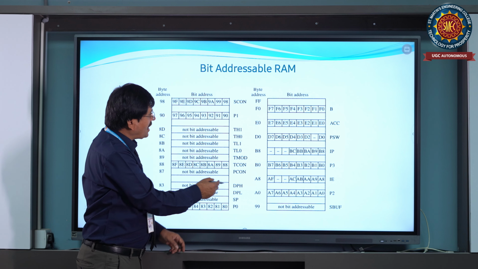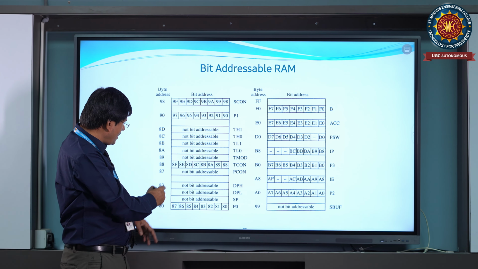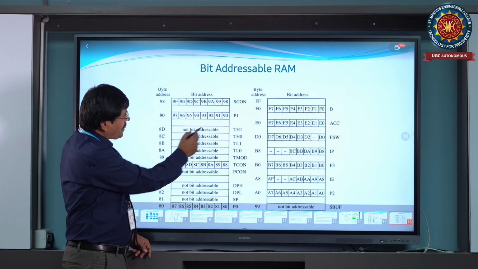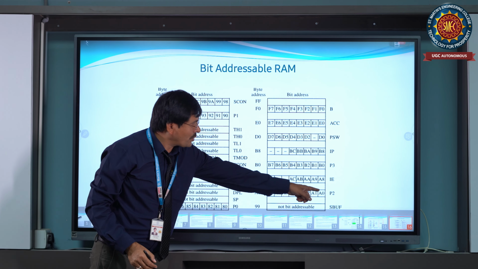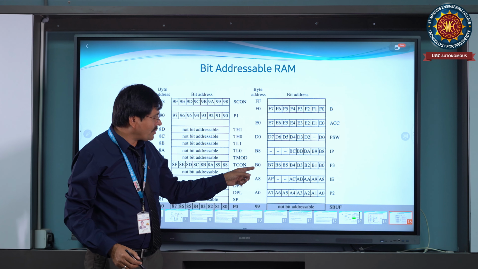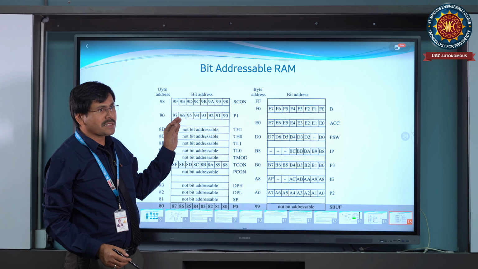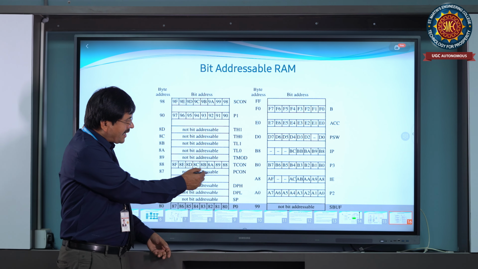So for all the ports and all the registers, the specified addresses are there. Here we can see 80 is the address of port 0 and 90 is the address of port 1, A0 is the address of port 2 and B0 is the address of port 3. So these are all the addresses, and every register is clearly mentioned.